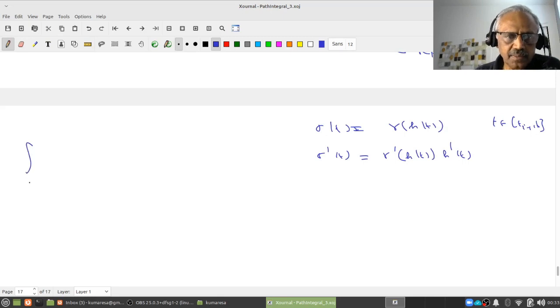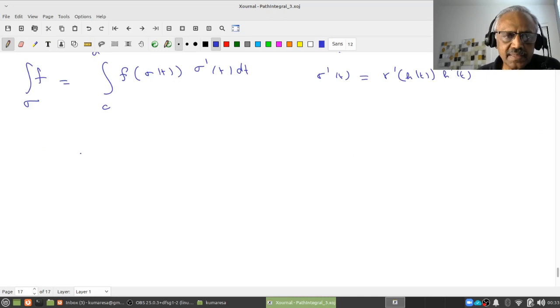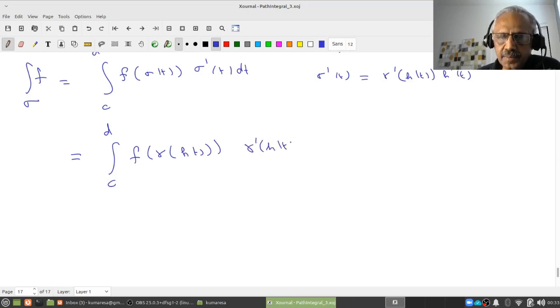Therefore, the path integral of f over sigma is the integral from c to d of f of sigma of t times sigma prime of t dt. But that is nothing other than the integral from c to d of f of gamma of h of t times gamma prime of h of t times h prime of t dt.